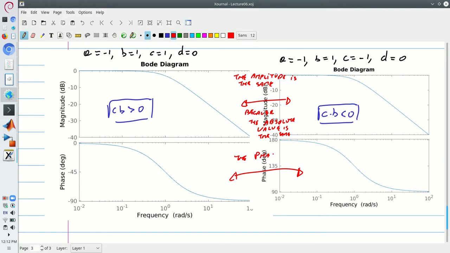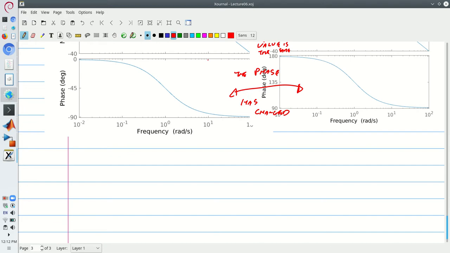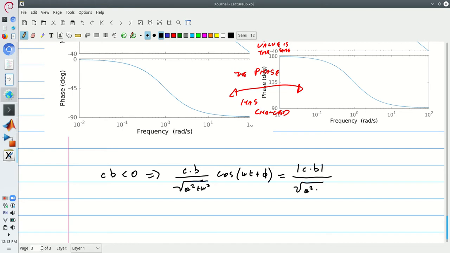The reason is that if you take CB that is negative, it implies that C times B divided by the square root of a squared plus omega squared cosine of omega t plus phi, in the way that we had computed before, actually can be written as absolute value of CB over the square root of a squared plus omega squared cosine of omega t plus phi plus pi.